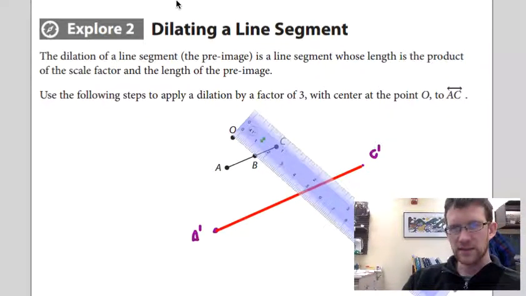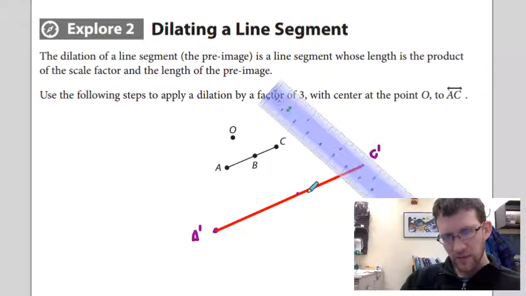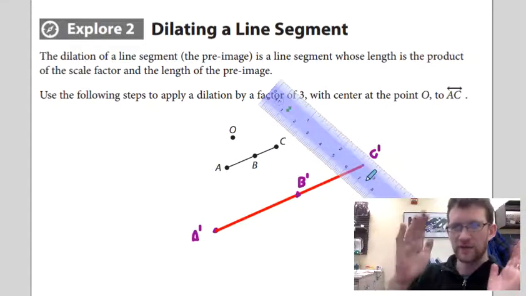What is 1.6 times 3? 1.6 times 3 is 4.8. So go to 4.8, gives me right there. So that's pretty close to that line there. So I'll put B prime. Hooray, I've done a dilation.